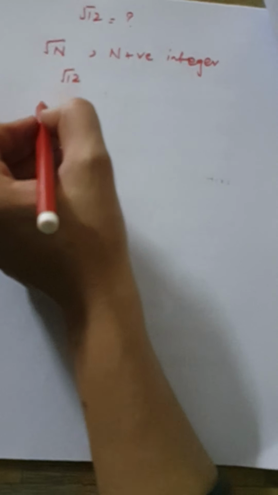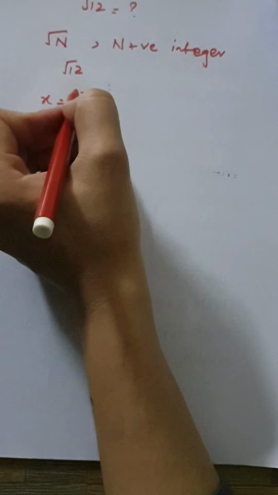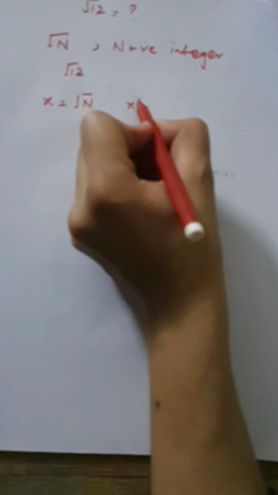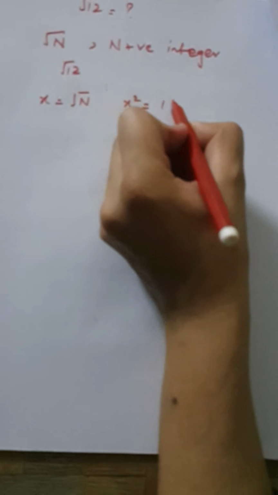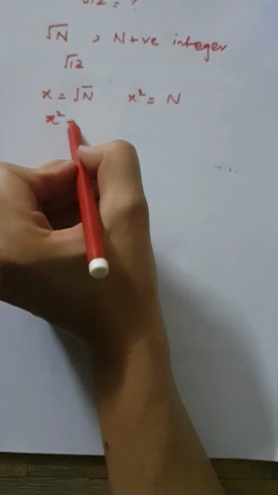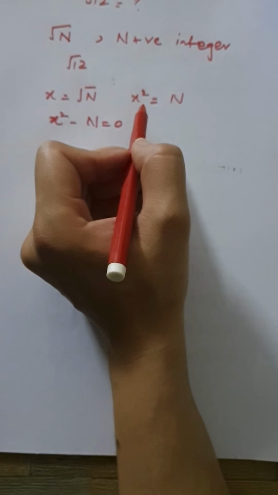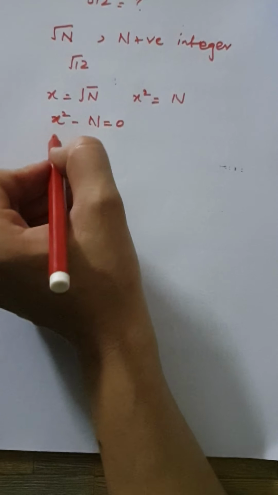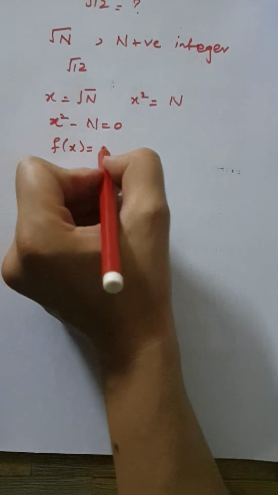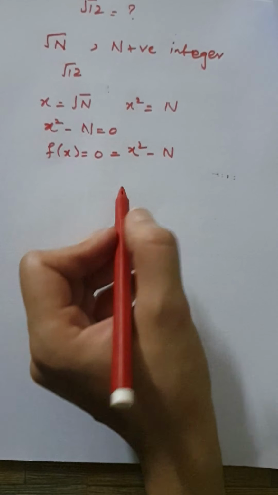So let's assume that x is equal to the square root of n. If you take the square on both sides, you will get x square is equal to n, and then simplify the expression: x square minus n is equal to 0 if you take n on the left hand side. Let's call it f of x, which is equal to x square minus n.